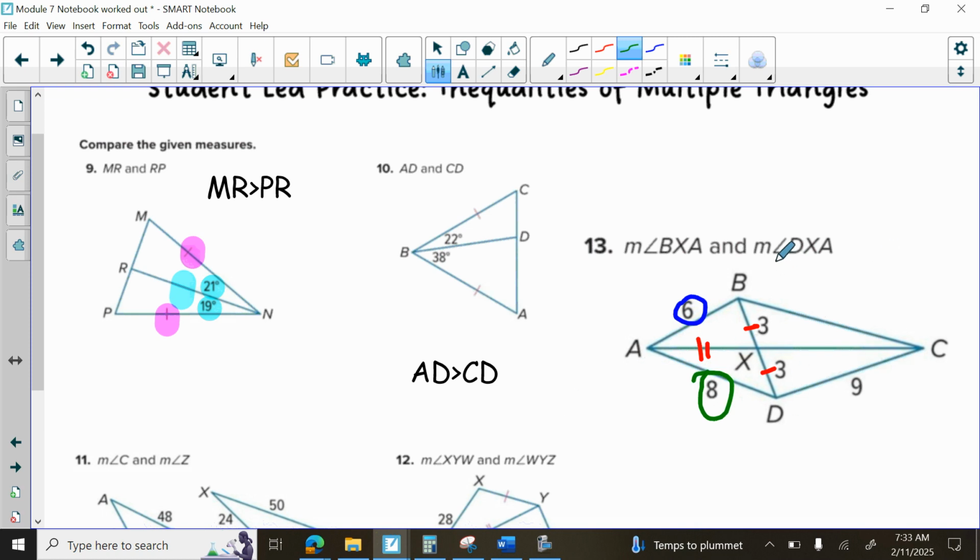And angle DXA, we'll do in green, and angle BXA is in blue. So what angle is larger? Now we know AD is bigger than AB because 8 is bigger than 6, but we're comparing this angle and we're comparing this angle, DXA to BXA. What angle is larger?